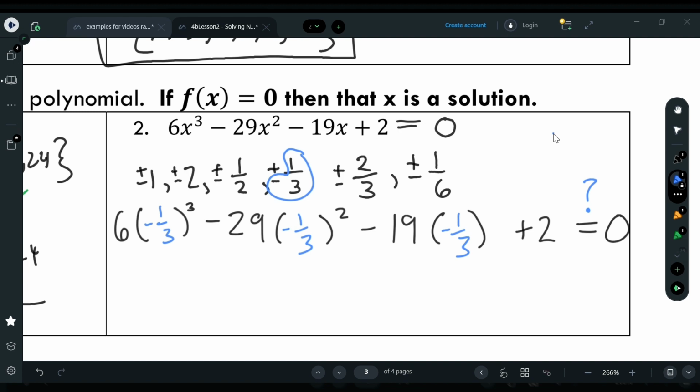Okay, and negative 1/3 doesn't work. When we plug it in, we don't get a 0. So we could cross that one off the list.